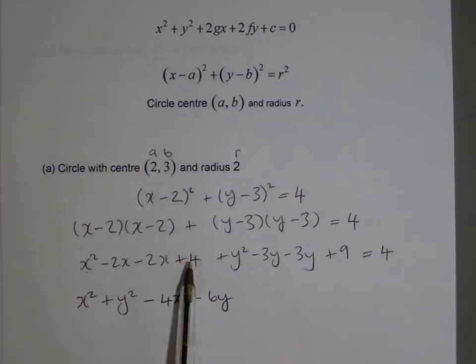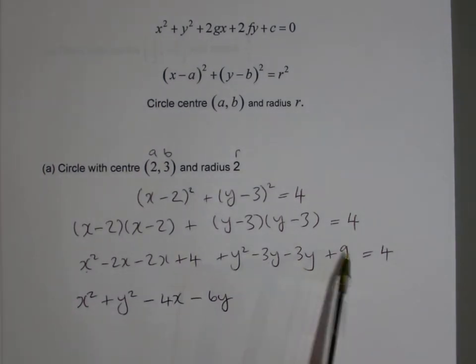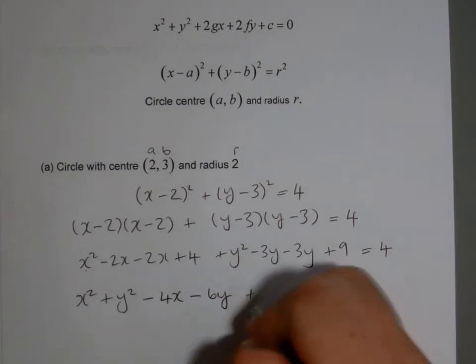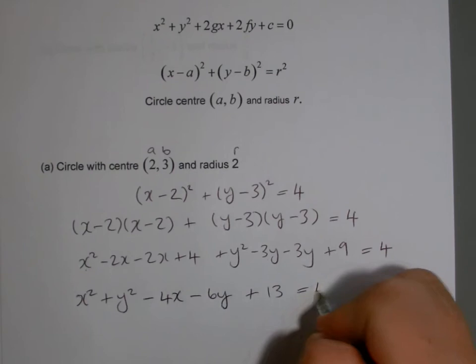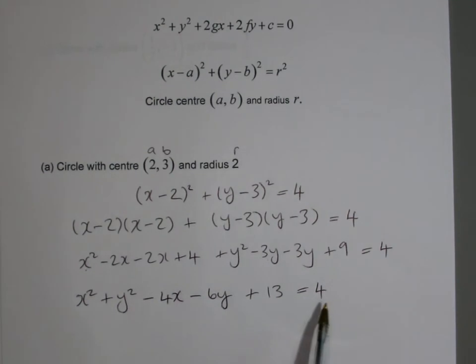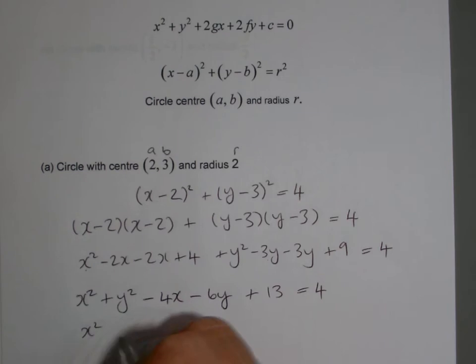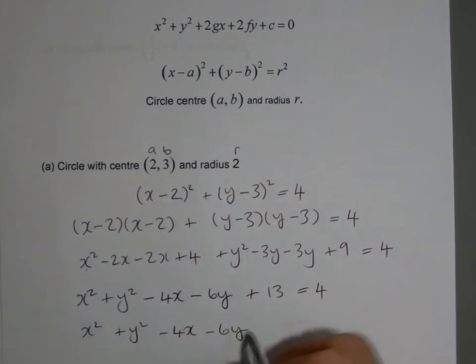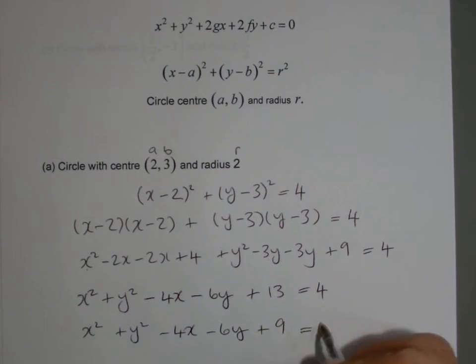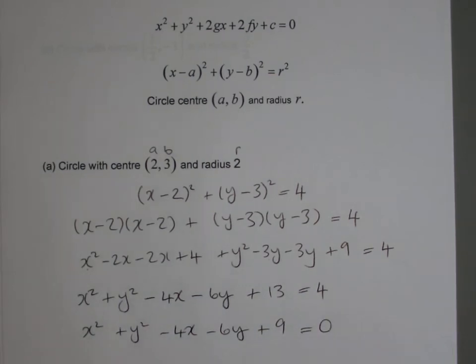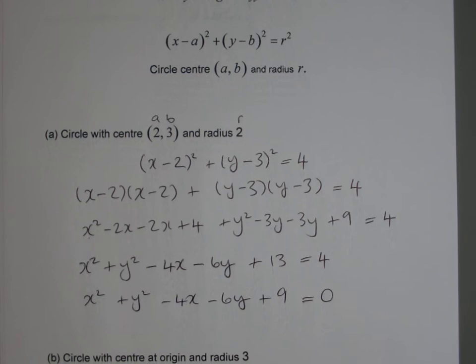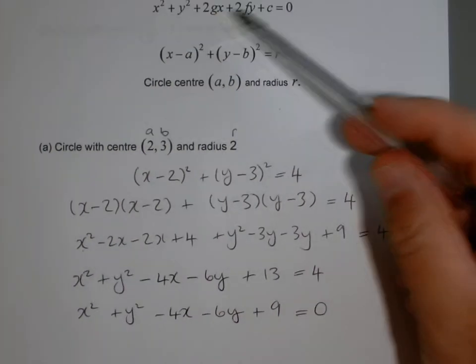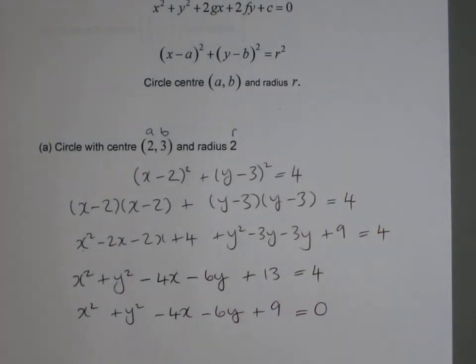And then we've got the numbers: plus 4, plus 9 is 13. That equals 4. But remember, we've got to get it equal to 0. So we've got to swing that 4 over and take it away. So we have x squared plus y squared minus 4x minus 6y plus 9 equals 0. And there you go, we have it in that expanded format.